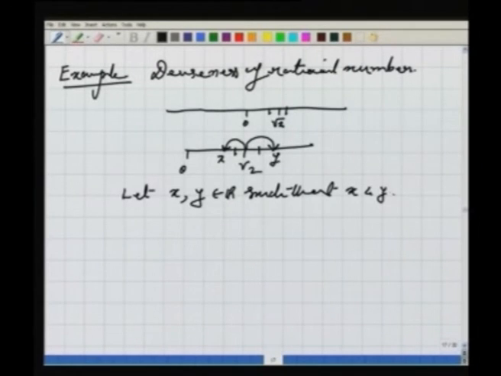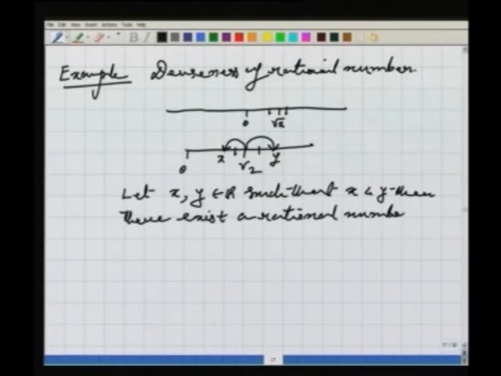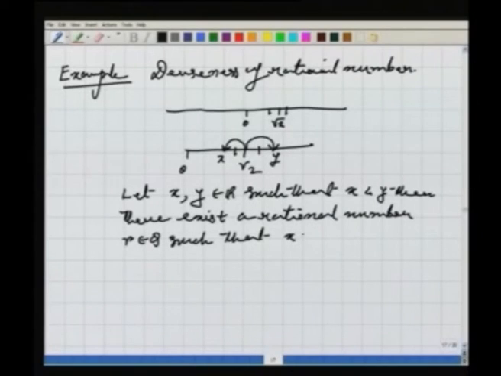I want to say then there exists a rational number r such that r lies between x and y, that is, x is strictly less than r, which is strictly less than y.